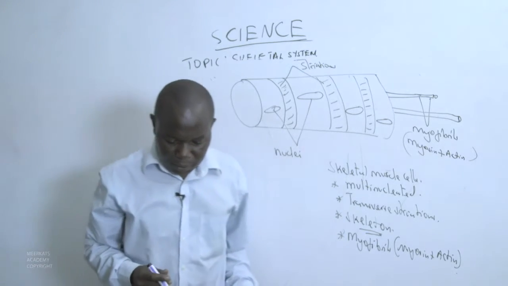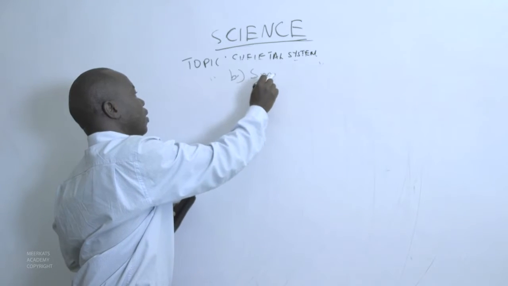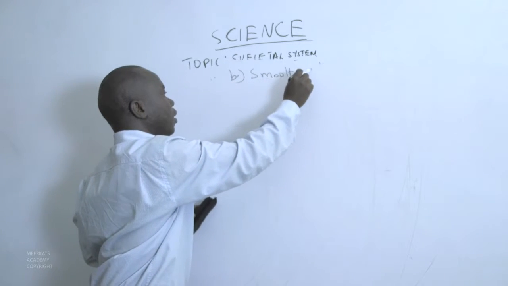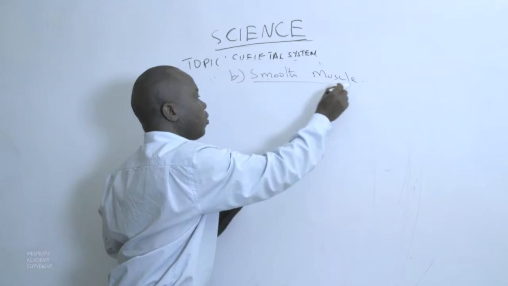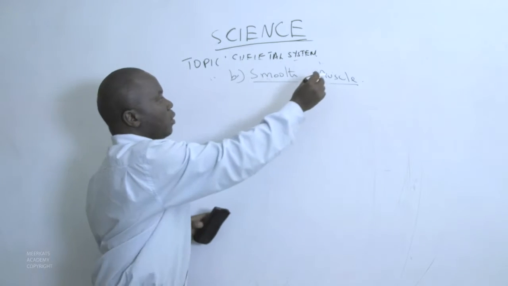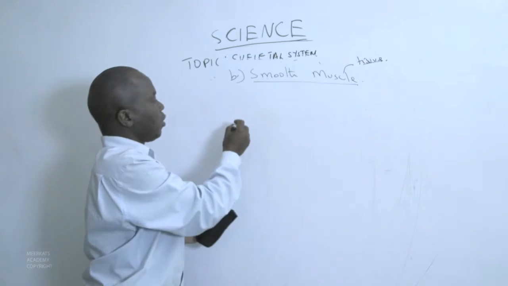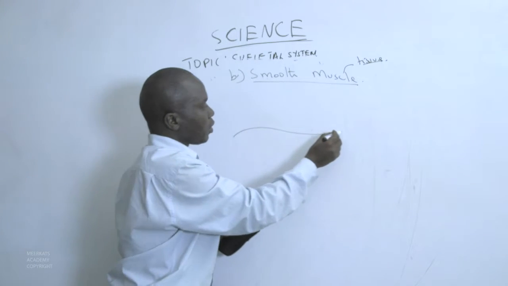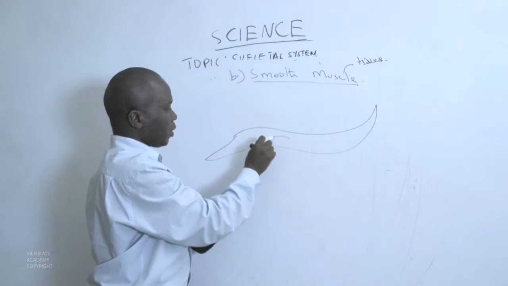The other type is smooth muscle. Smooth muscle, remember, is made up of tissue, but individual cells are usually spindle-shaped cells.